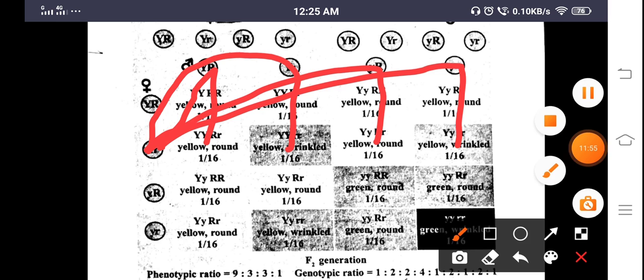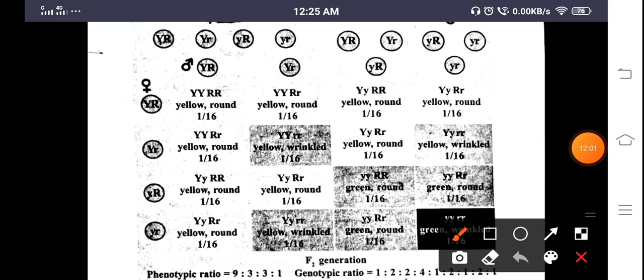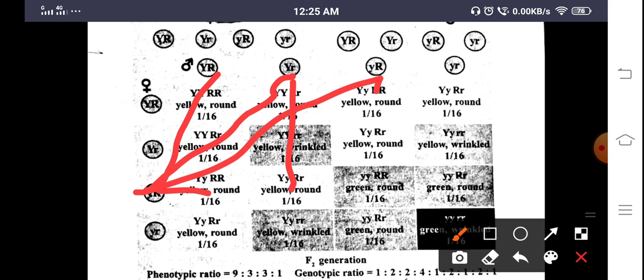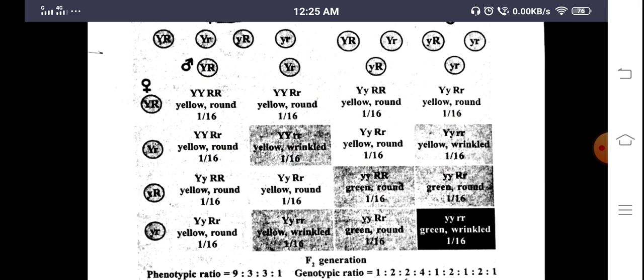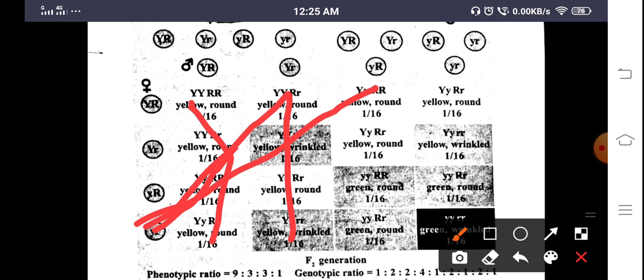Similarly, the third one. This is the third row. Next, the fourth, like this: first one, second one, third one.